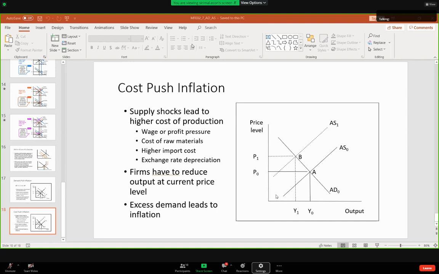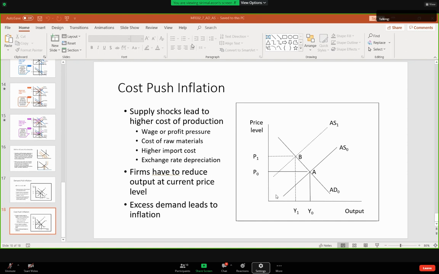Domestic factors are actually demand pull inflationary factors. Global factors are cost push inflation. So that means demand pull inflation and cost push inflation. You can analyze them separately.